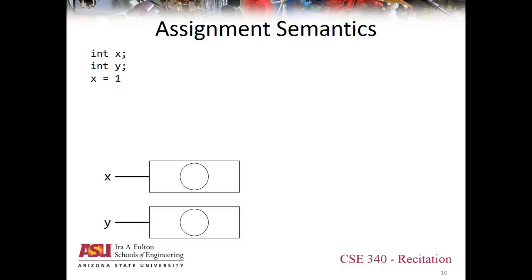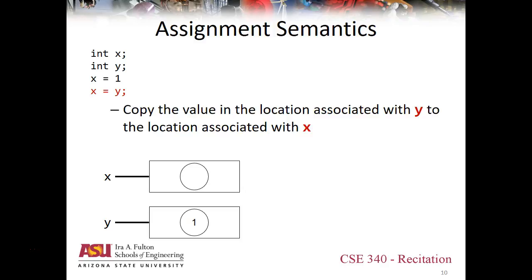Copy the value of 1 into the location associated with X. Now, what are the semantics of X equals Y? Yeah. Copy the value and the location associated with Y.